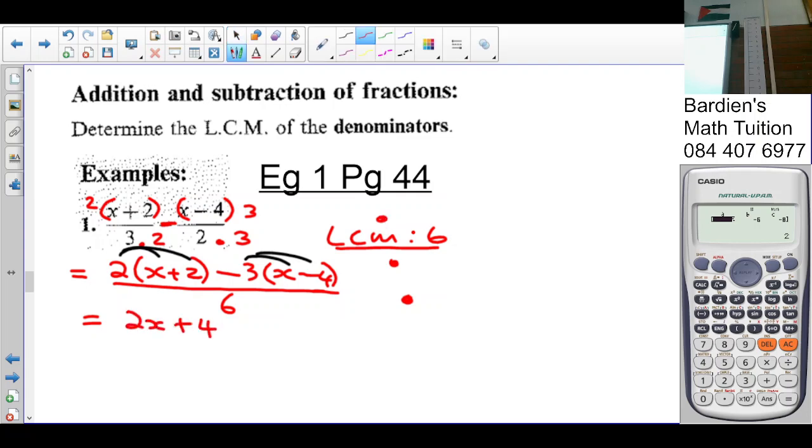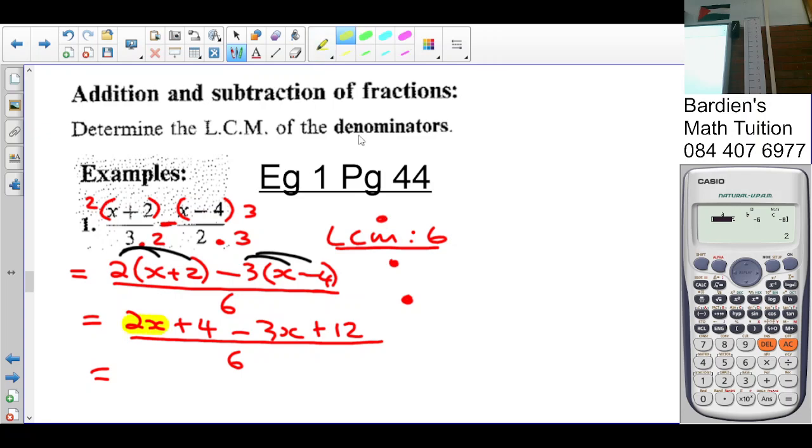2x plus 4 minus 3x plus 12 over 6. Now what do we do? Like terms. Go for it. You're going to add like terms, not so?